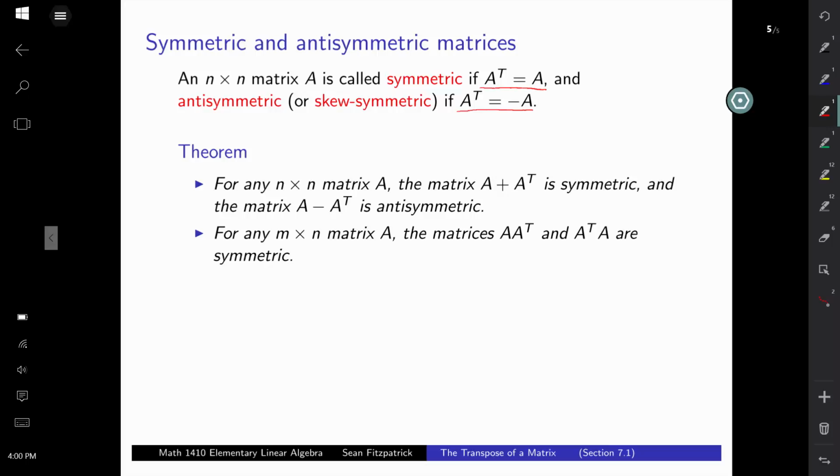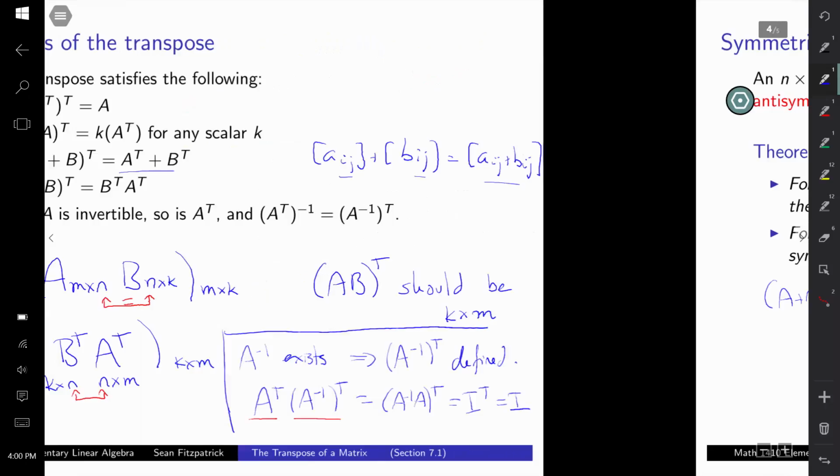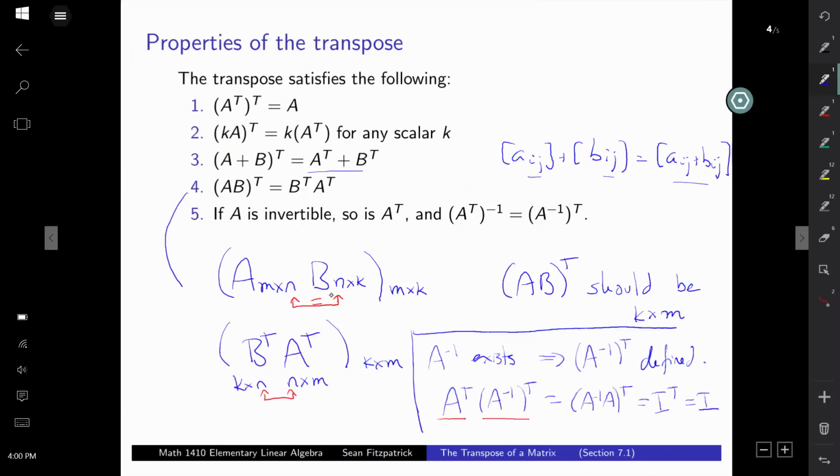Okay, here we have a theorem telling us that it's easy to construct examples of symmetric and antisymmetric matrices. Start with any square matrix A. If I add it to its transpose, that's guaranteed to be symmetric. Why? If I take A plus A transpose and transpose it, looking at our properties, there are two.